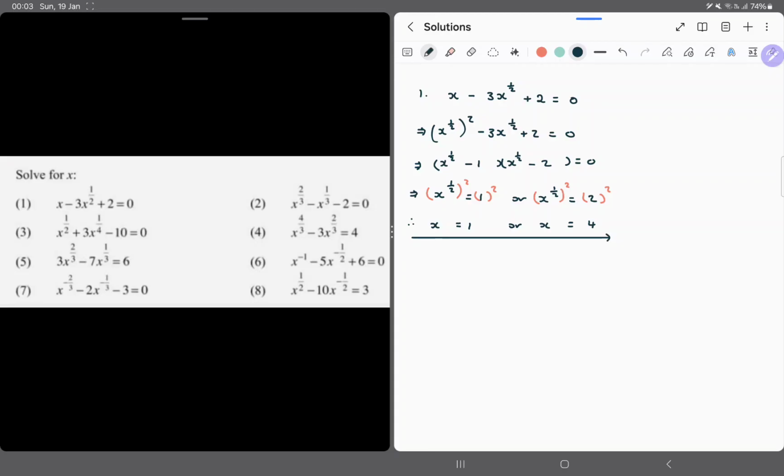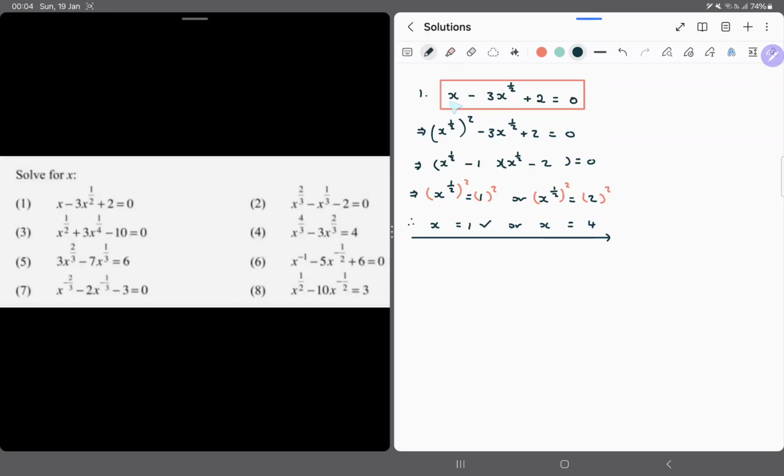Are we done? Not yet. Remember, we need to satisfy the original expression. So let's put 1 there. This is 1 and that is 1, the square root of 1 is 1, literally. So this is 1 minus 3, that's minus 2. Minus 2 plus 2 is 0. So this one checks out.